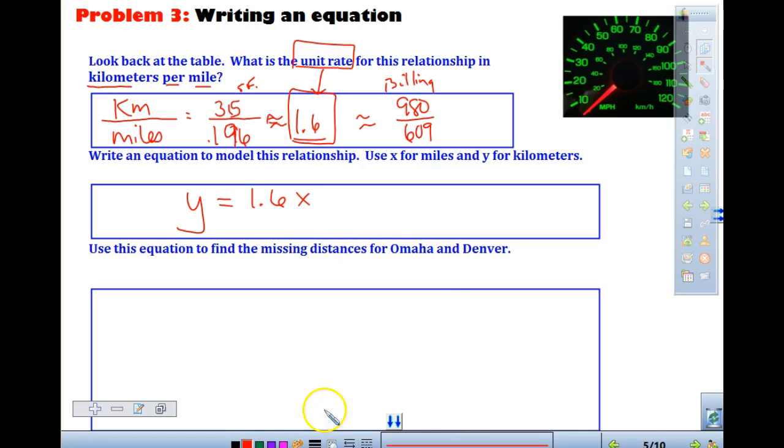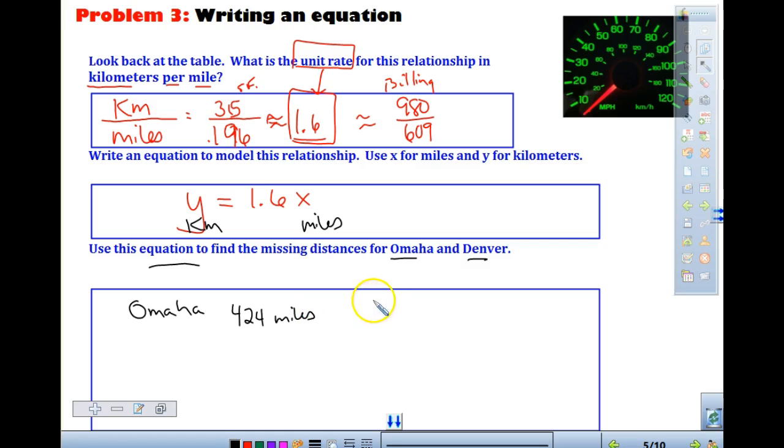What did the y stand for, Isaac? Which word? Miles or kilometers? Kilometers. And x is our miles. So what they ask us to do, it says now use the equation to find the missing distance from Omaha and Denver. So Omaha, what we knew about Omaha was that it was 424 miles.